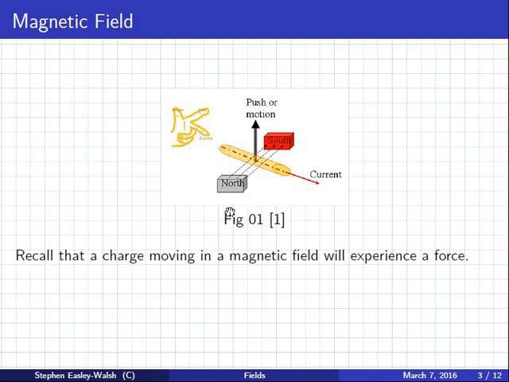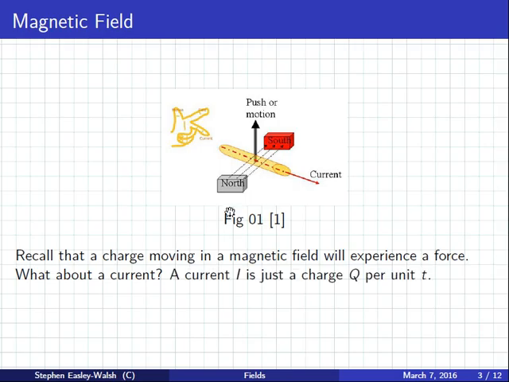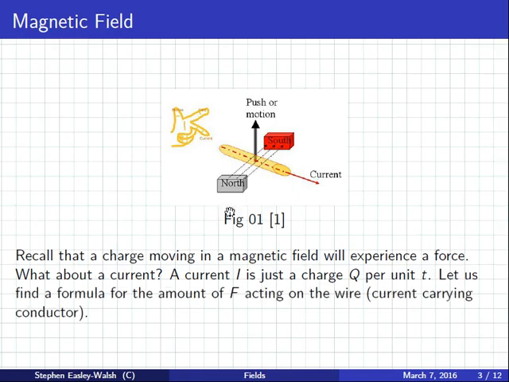So, remember that a charge moving in a magnetic field will experience a force. What about a current? Remember, a current is the same as a charge, but just with a time. So let's find a formula for the F. So, for example, here is north, here is south.